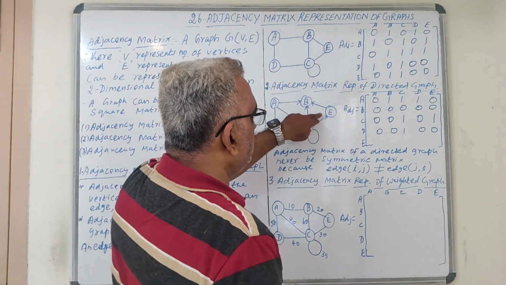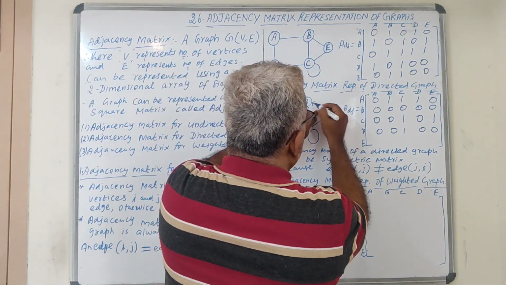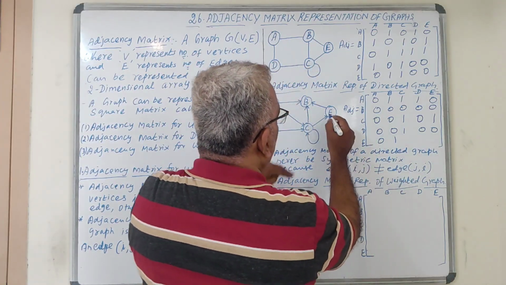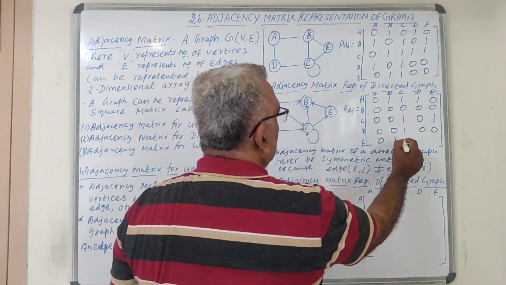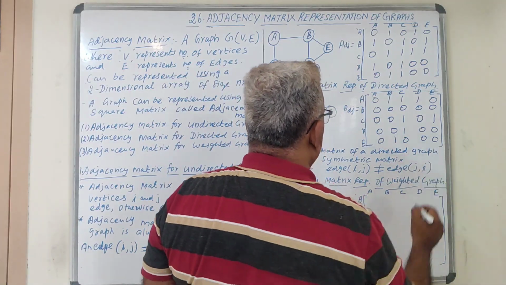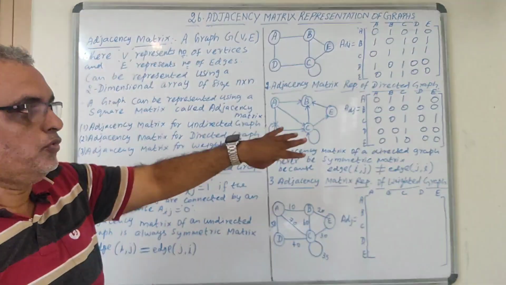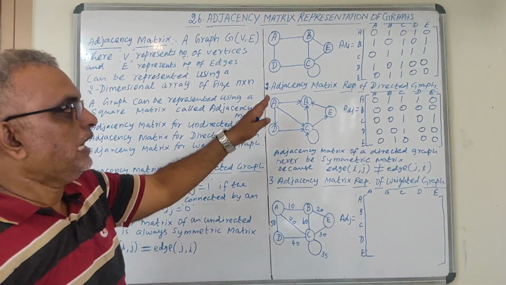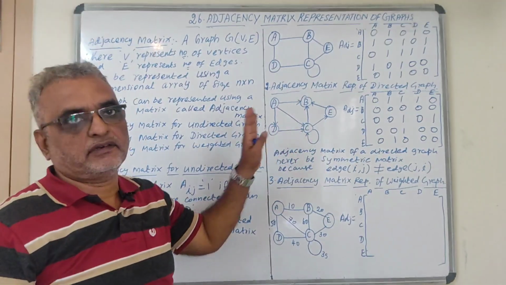Similarly, come to E. From E you have only a connection to B. There is no connection from E to any other node, so the remaining values are 0. So this is how we can represent the adjacency matrix for the directed graph.